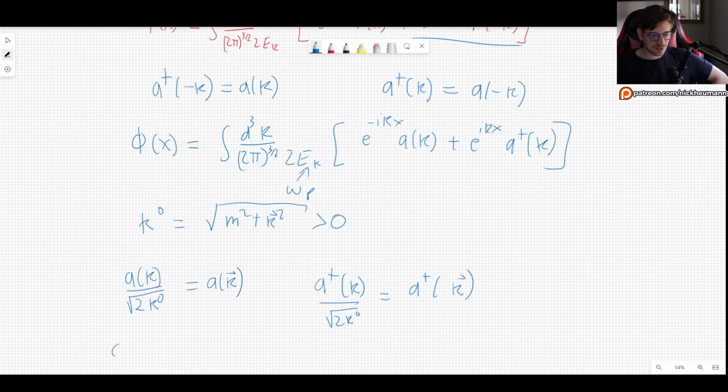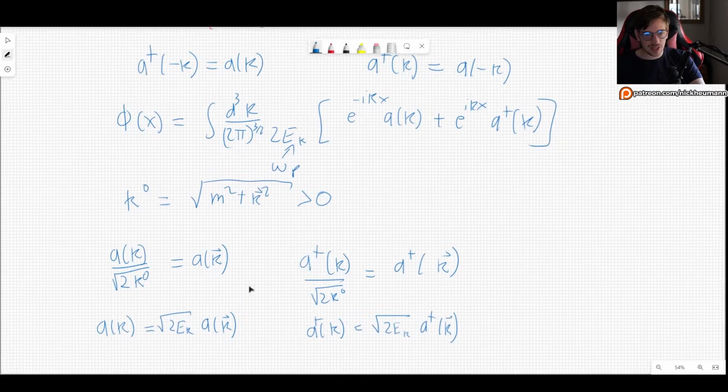So this means, of course, that a of k4 vector is going to be the square root of 2k0, but k0 is ek, times a of k3 vector. And similarly, we can find here that a dagger of k4 vector is going to be the square root of 2k0, which is of course ek, times a dagger of k3 vector.